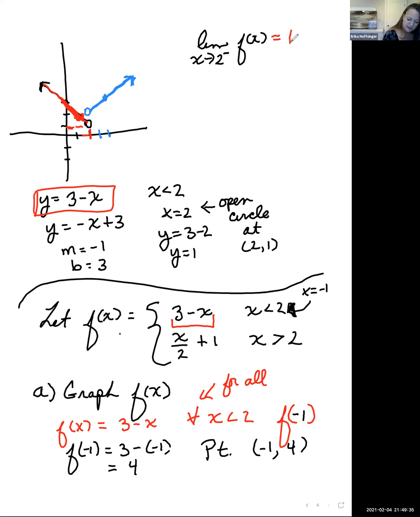And if I look at the limit as x is approaching 2 on the right of f of x, well, this is what I had made in blue. And so coming in with x closer to 2 on the right, the y value I'm approaching, even though it never gets there, is 2. So because those are not the same value, if it asks me to find the limit as x approaches 2 of f of x, we would say that it does not exist.